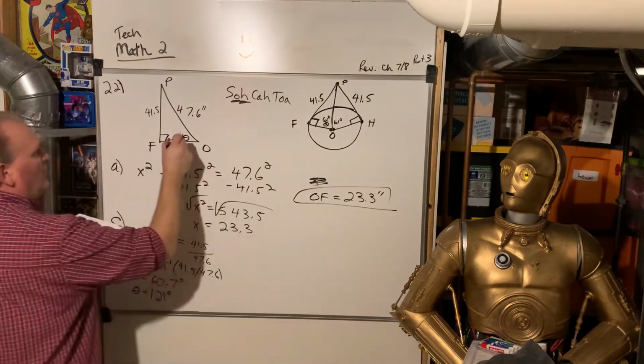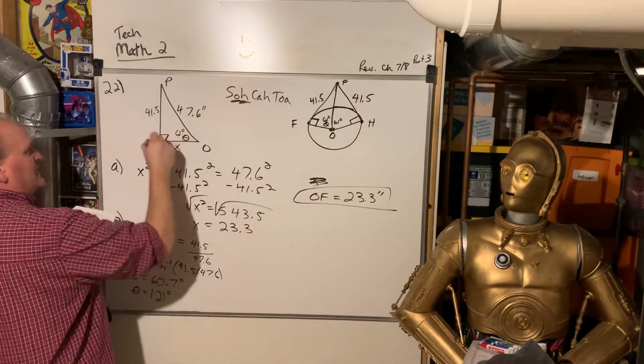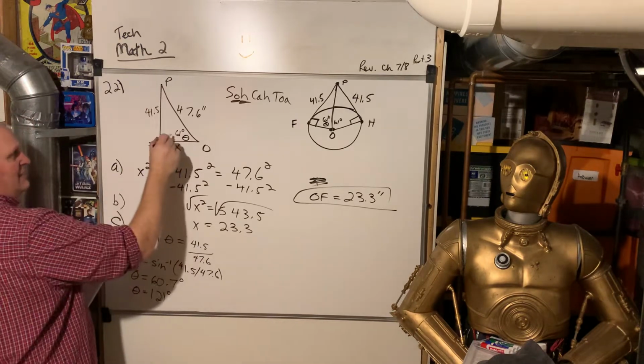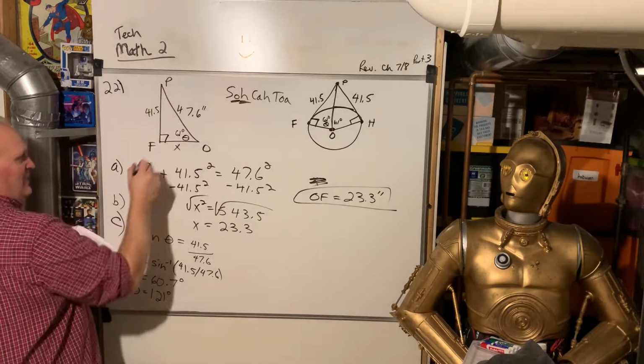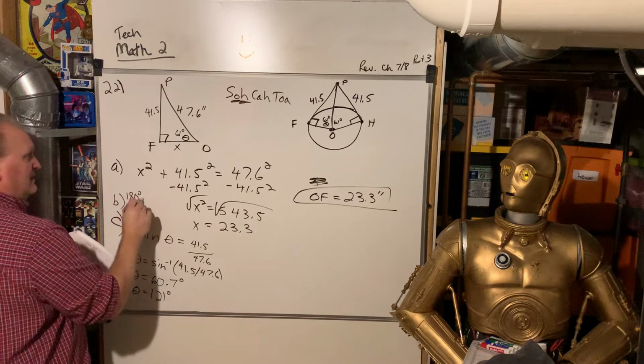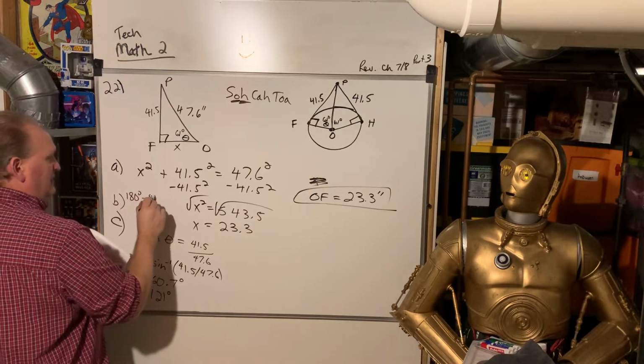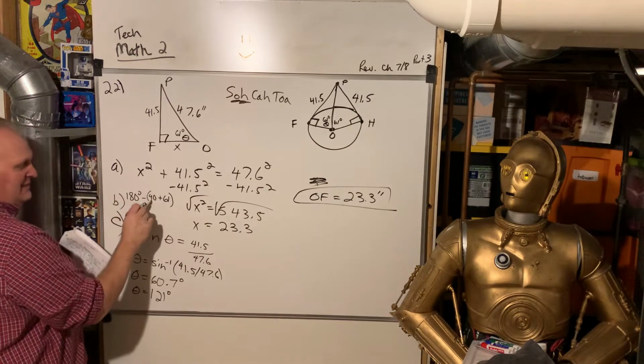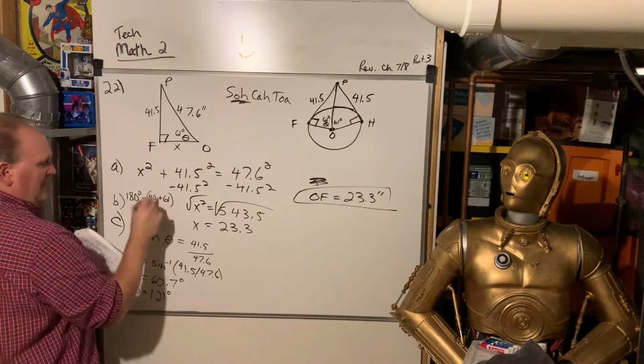Now, if I know this is 61 degrees, I can just subtract to find letter B: 180 minus the quantity 90 plus 61.